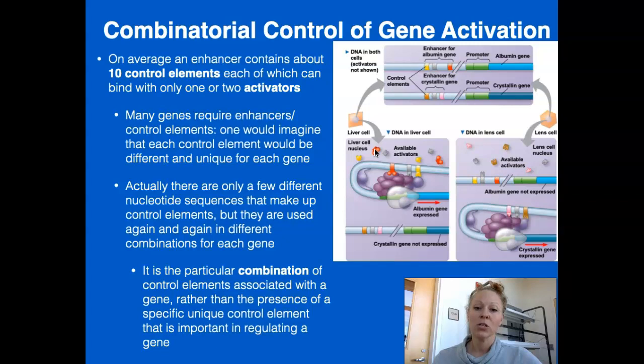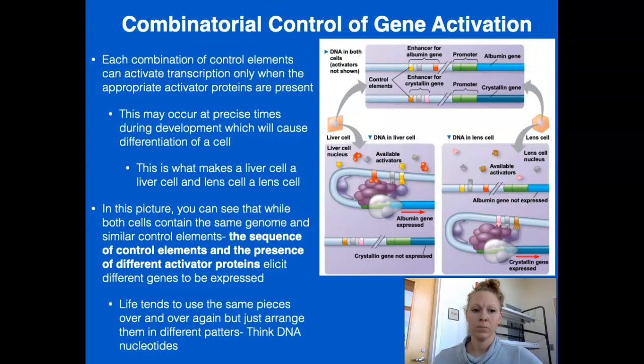This is going to indicate when a liver cell should be turning on the "I'm a liver cell" gene. It's when those specific activators are present, and that's going to depend on where the cell is and the environmental factors. Each combination of control elements can activate transcription only when those specific activator proteins are present.